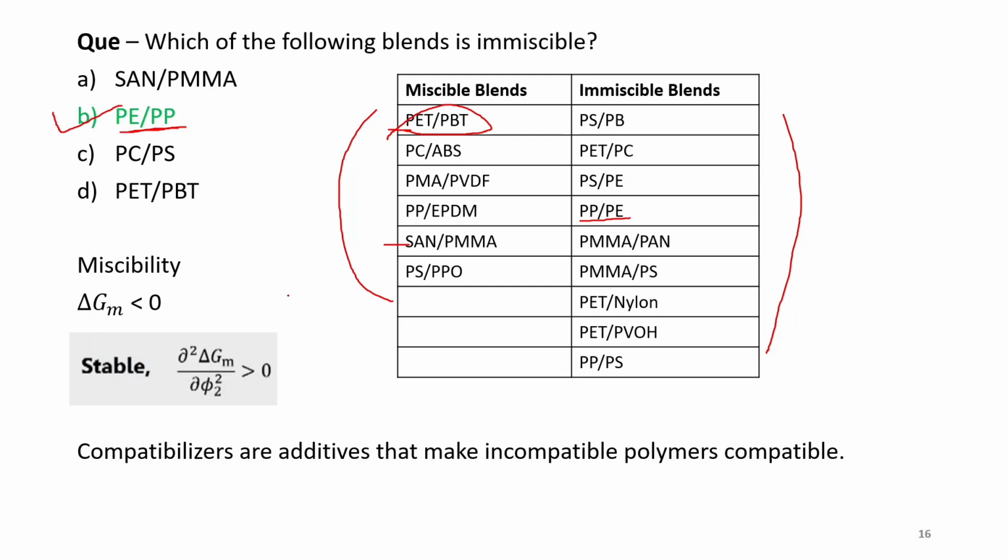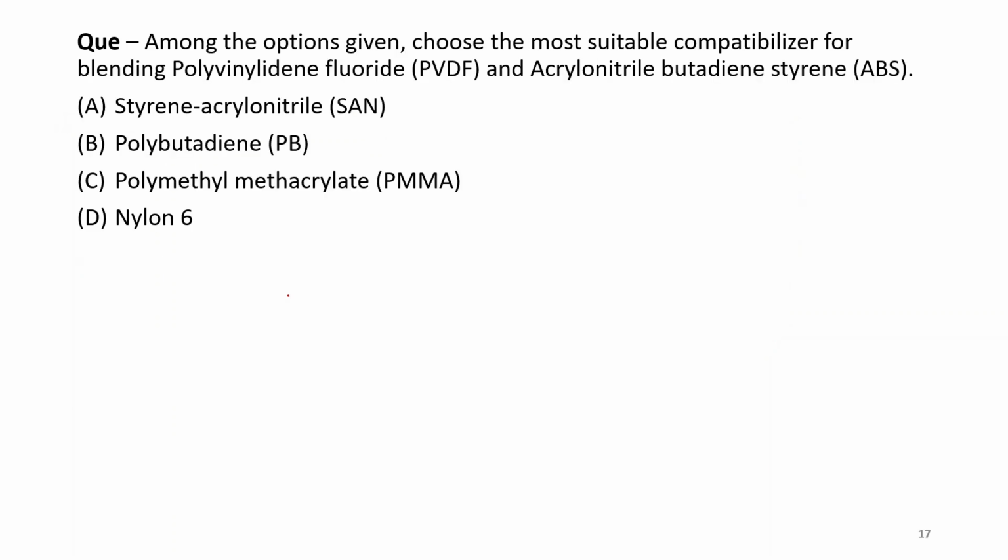So these two conditions must be satisfied for a blend to be miscible or stable. Sometimes we also use compatibilizers as an additive, so that two incompatible polymers can become compatible and form a miscible blend, right? So let's move to the next question.